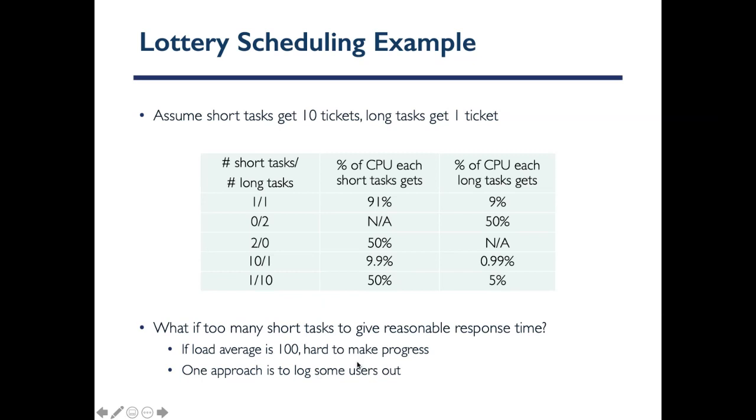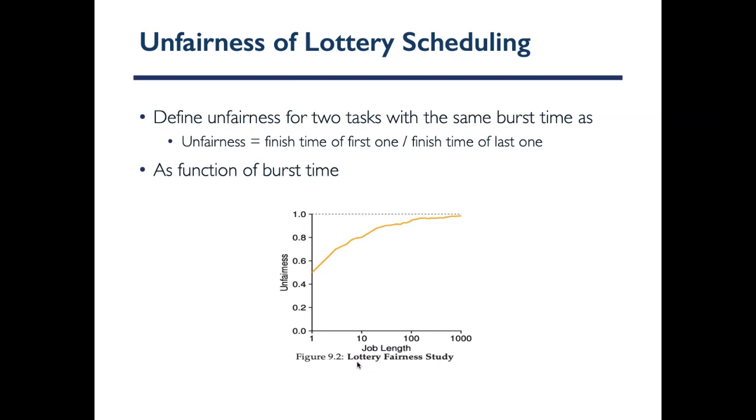Even if you have a lot of tickets, some other guy with just 1 ticket could win at that point. So if you really care about short-term latency, you may not get what you want. There's jitter. There is variance in how many times you get the CPU.